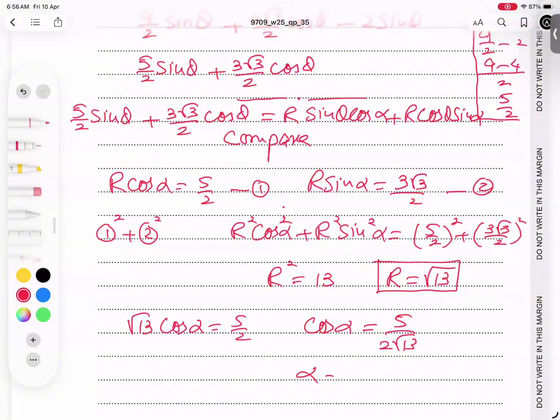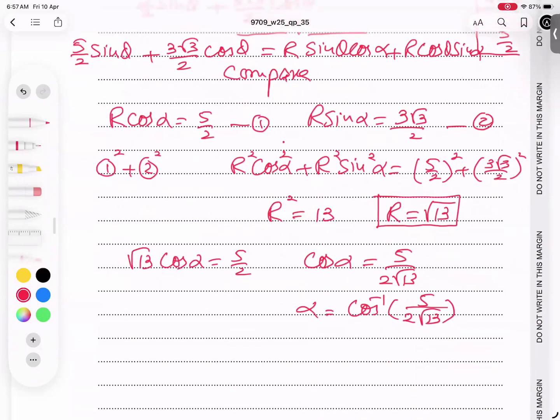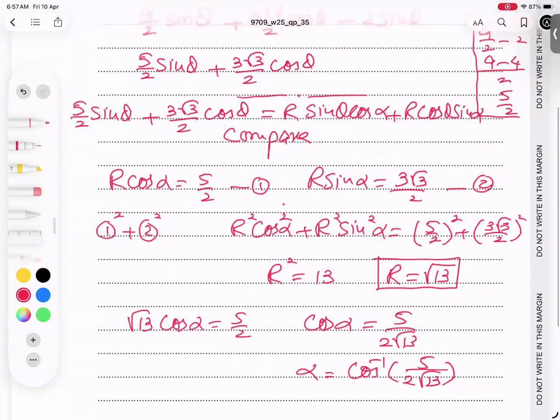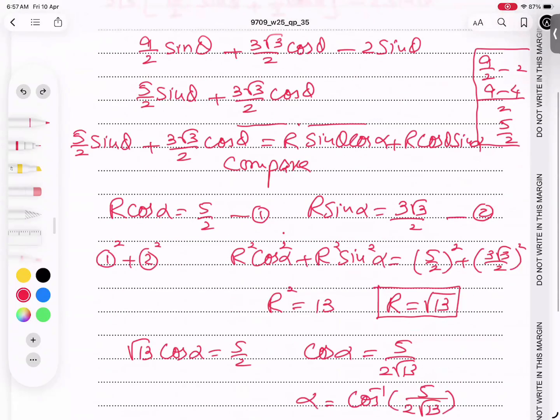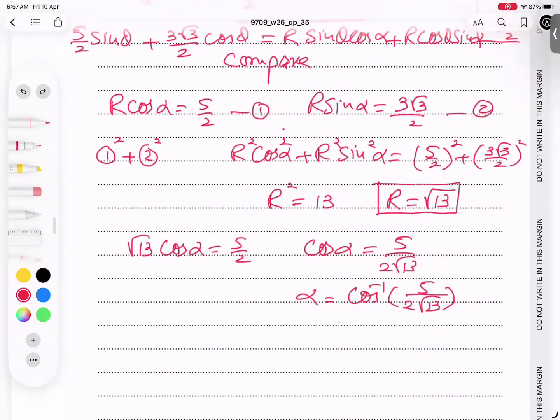If I take cos inverse like this, make sure, if you look carefully at the top, there is pi, so we must use radians. That's very, very important. So we have to convert our calculator to radian mode.